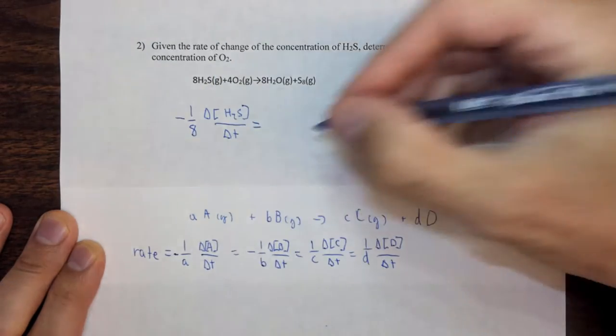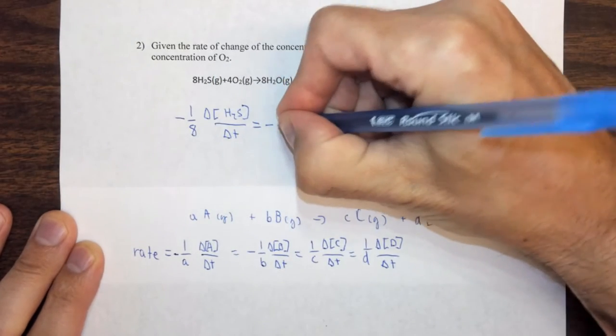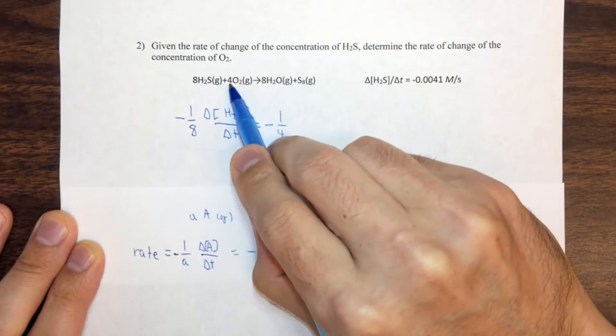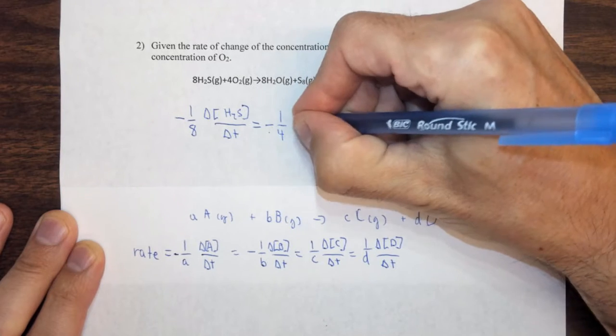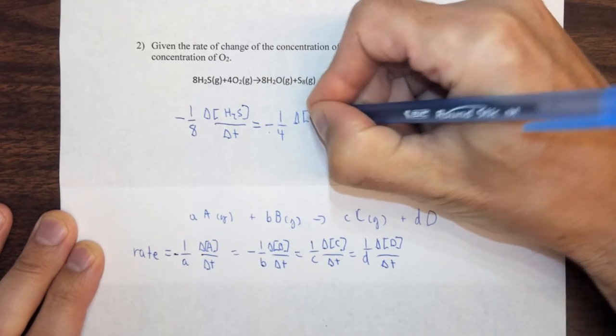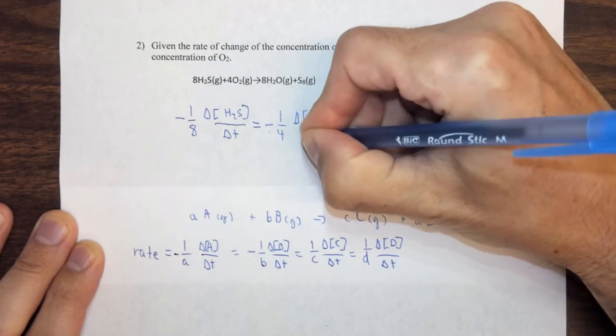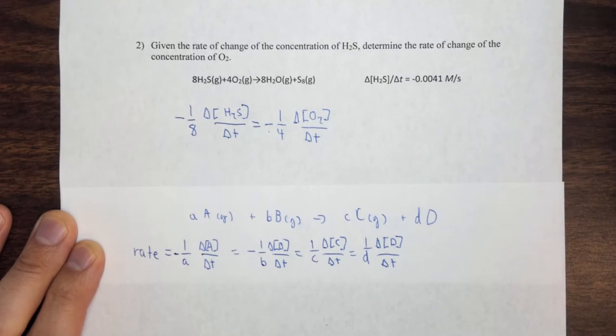And O2 is also a reactant. So it's negative 1 over 4, 4 here for O2, negative because it's a reactant, the change in concentration of O2 over the change in time.